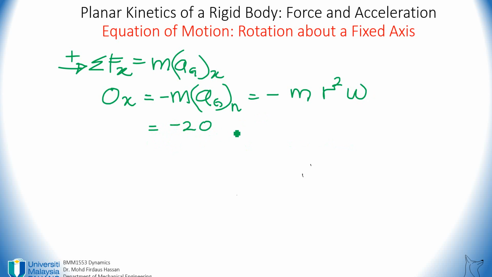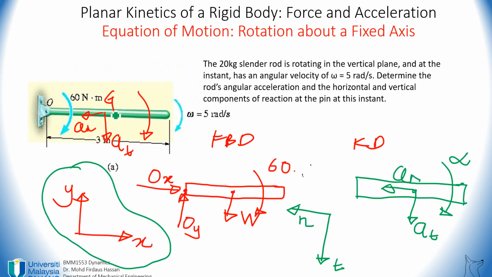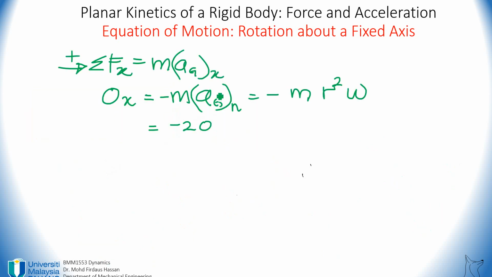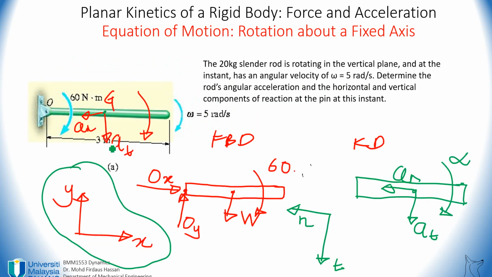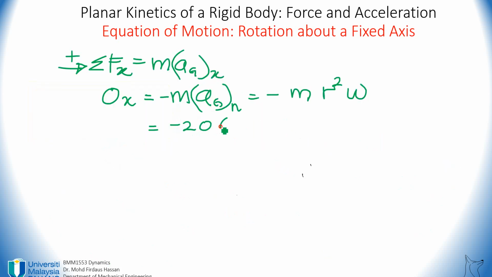The radius, of course, from G to O, because AN is r omega square, r from O to G. So r is 3 divided by 2, which is 1.5 meters. 1.5 meters times omega square. So you have one equation here because you have omega and OX as the unknown.